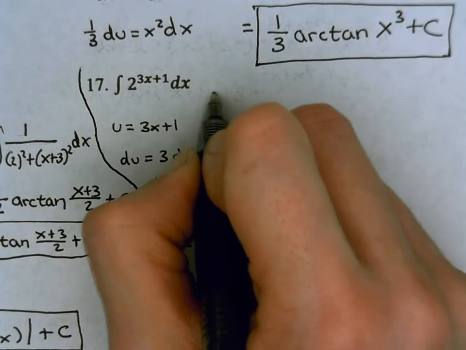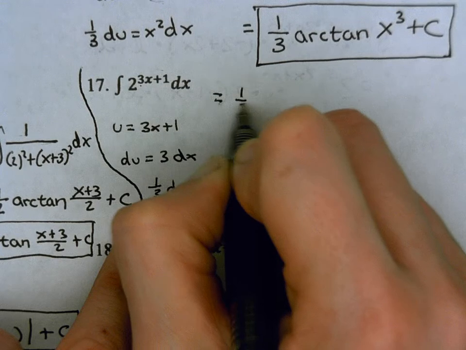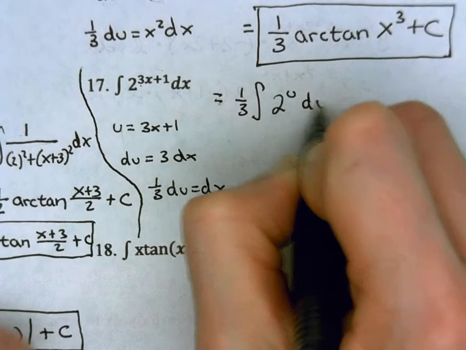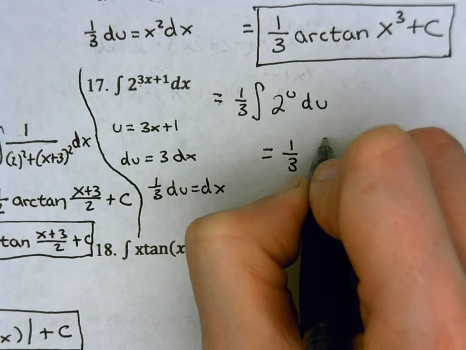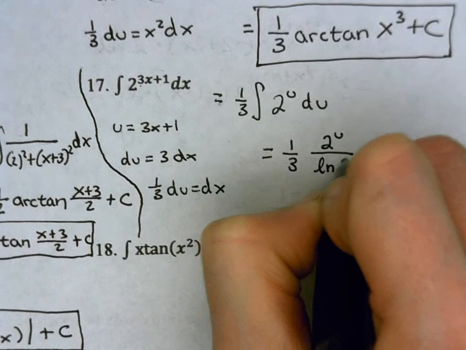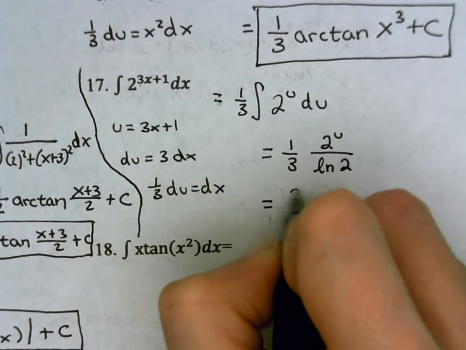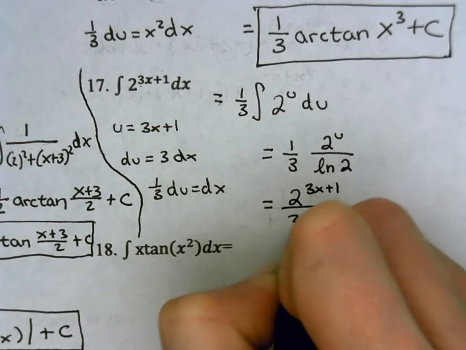So this is equal to scalar integral 2 to the u du, which is scalar a to the u over natural log of a. Go ahead and combine that. We have 2 to the u, which was 3x plus 1 over 3 natural log of 2.